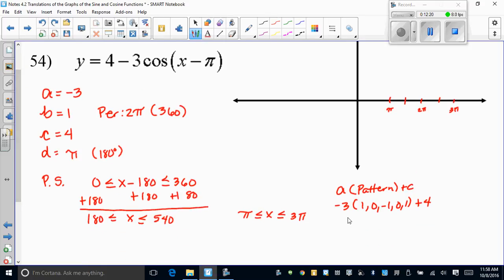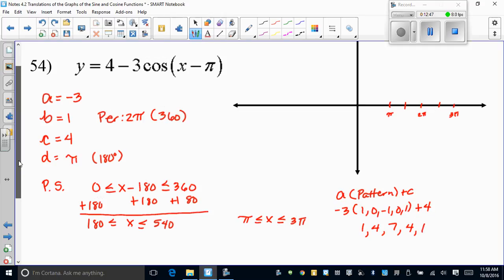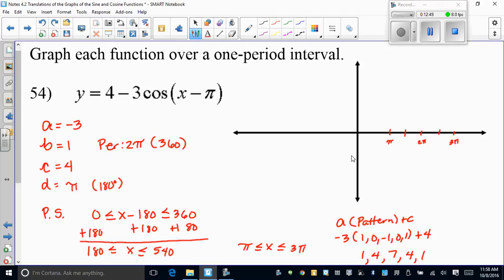So -3 times 1 is -3 plus 4 will give me 1. 0 plus 4 is 4. -3 times -1 is +3 plus 4 is 7. 0 plus 4 is 4. And -3 times 1, -3 plus 4 is 1 again. So those are the points that we're going to graph.